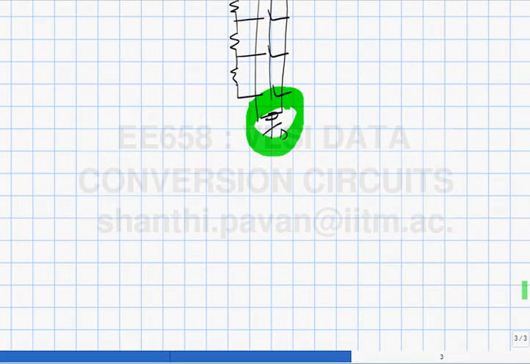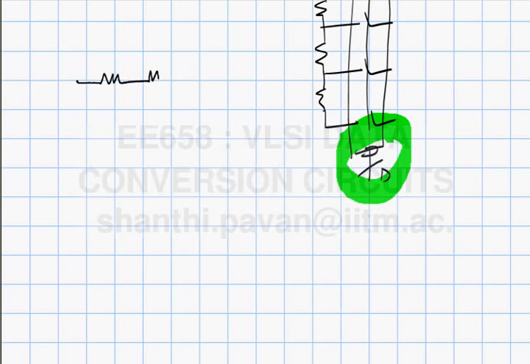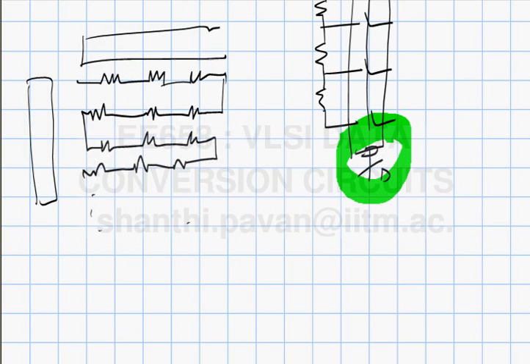Another way of laying out the resistor string is to lay it out as a matrix. If you have an n-bit DAC, you need to tap off one of these voltages. A nicer way of implementing it, if the number of bits becomes large, instead of having it run like a string, is to have it run like an array.